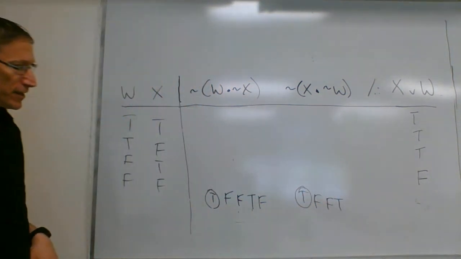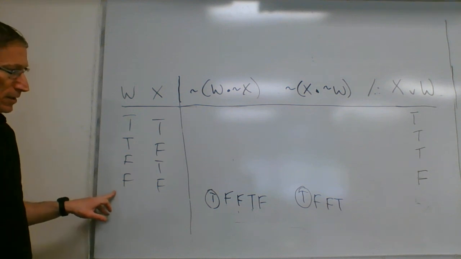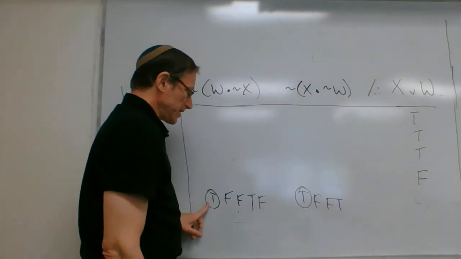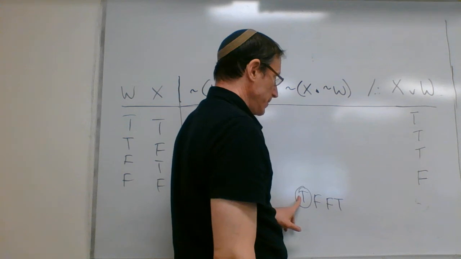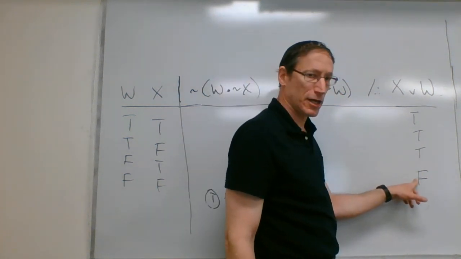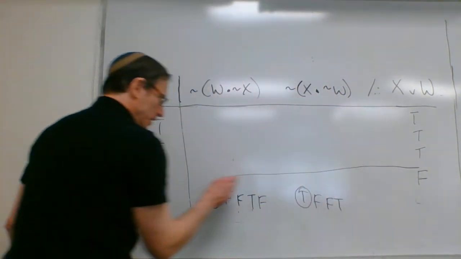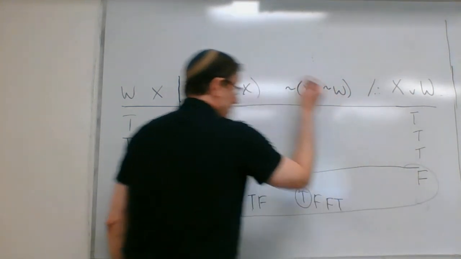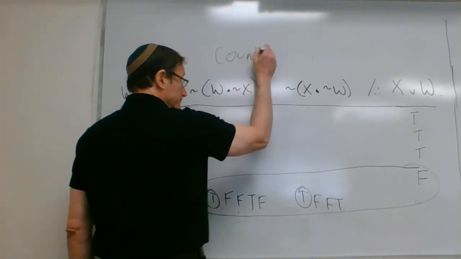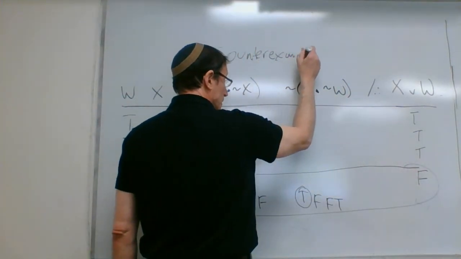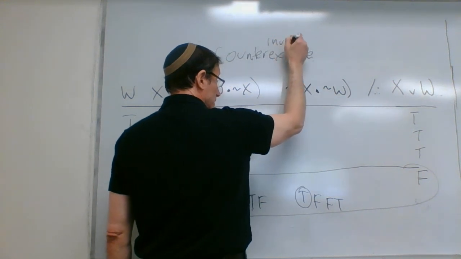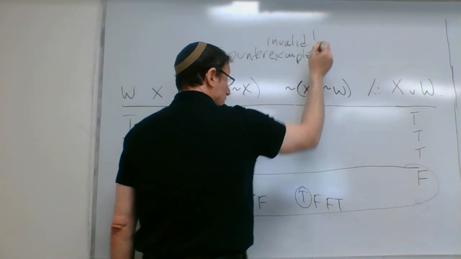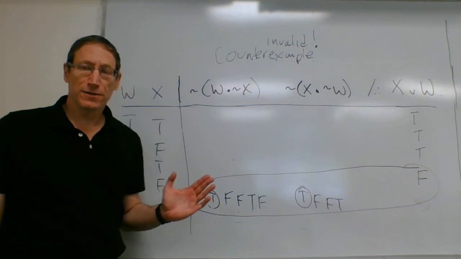So I see here that on the bottom row, this premise came out true, this premise came out true, but the conclusion came out false. I would say, okay, counterexample, and invalid. But at least I saved myself some work.